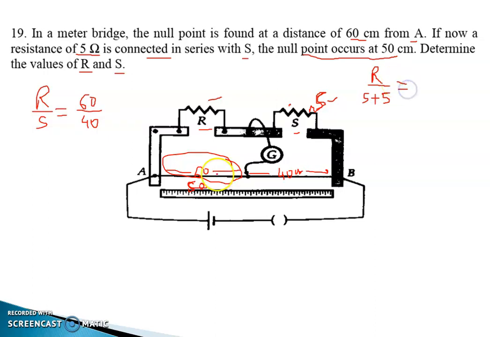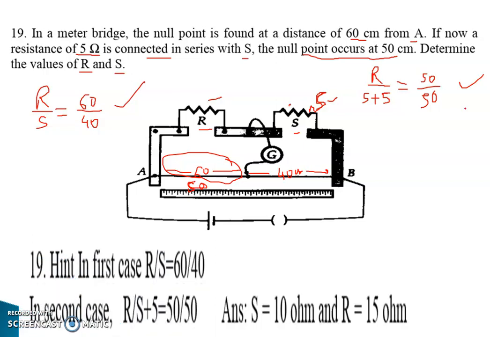This is equal to the length of the wire on the left hand side and the length of the wire on the right hand side, so it should be 50 by 50. Now we will get two equations, and then we have to calculate R and S.